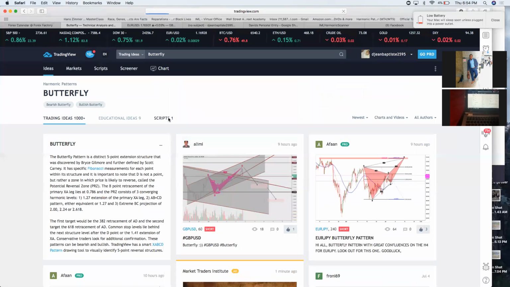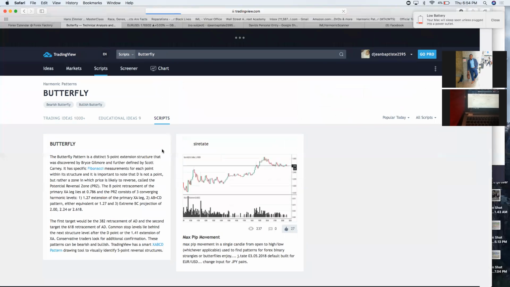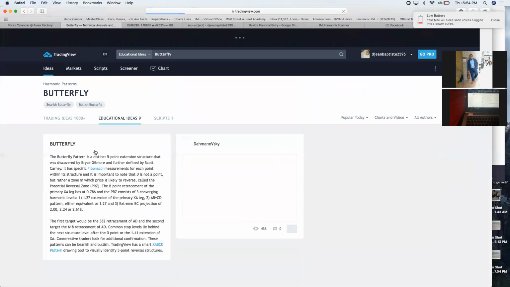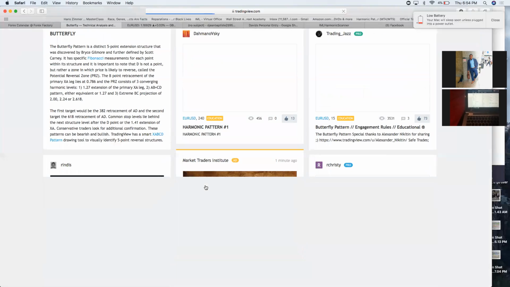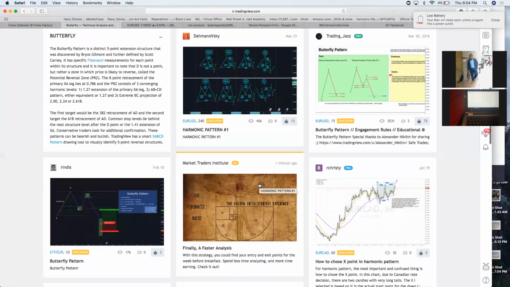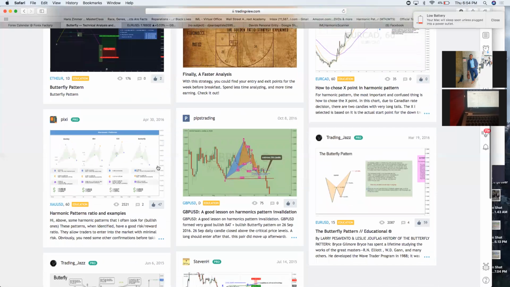And once you go to script, it doesn't really say too much about it, but the trading ideas are all the individuals giving their assessment of a butterfly. I guess the educational ideas is where you can find more information on how a butterfly is created.